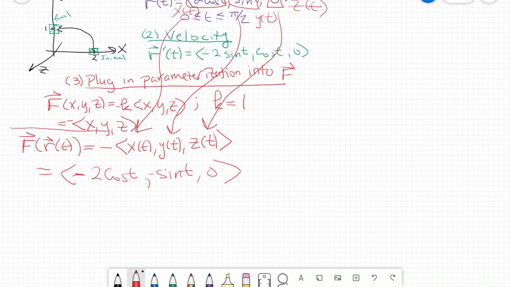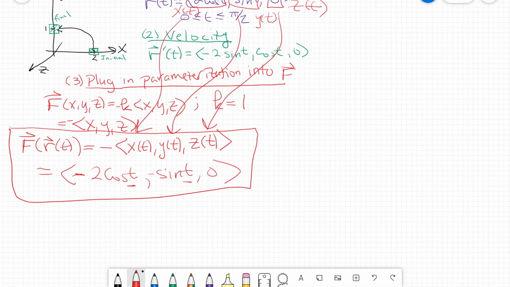We now have our third ingredient, which is plugging in the parameterization into the vector field. So don't forget, we're tracking this trajectory with time. And what you're seeing there is what the vector field value would be at a certain point, which corresponds to a certain t time on our clock.